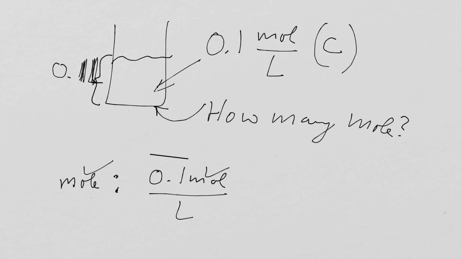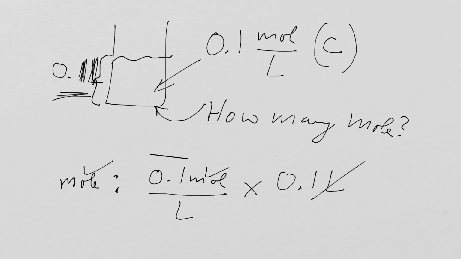What do we need to get rid of? We have to get rid of the liters. Do we have liters anywhere? We have the liters over here. So times 0.1 liter. What happens to the liters?